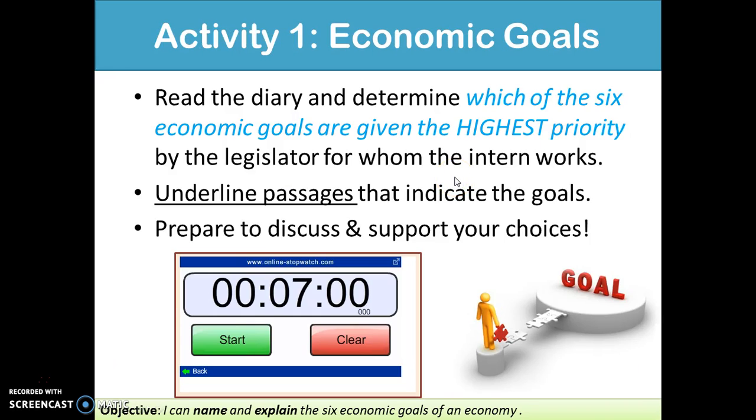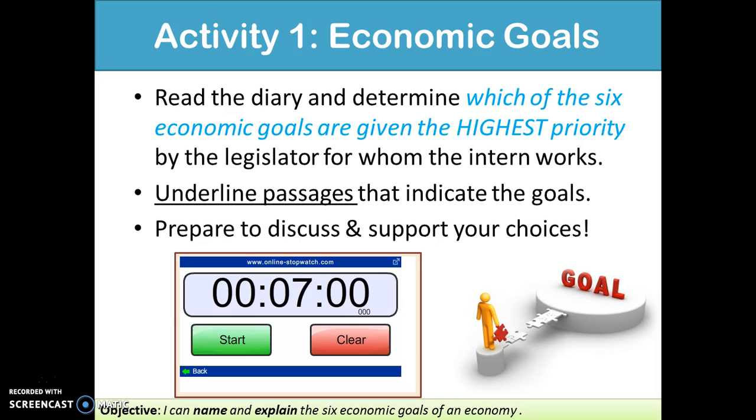So we did an activity, and I've got the handouts online, in which students read a diary of an intern working for a congressman in D.C., and they are faced with developing public policy or laws. As students read the diary, they are to determine which goals are given the highest priority by the legislator for whom they work, underline the passages that indicate those goals, and then discuss and support the choices.